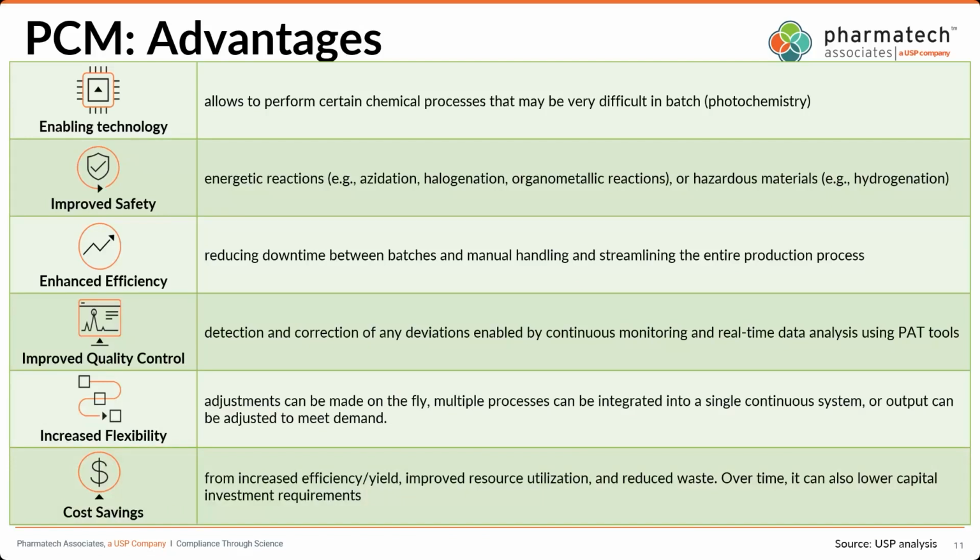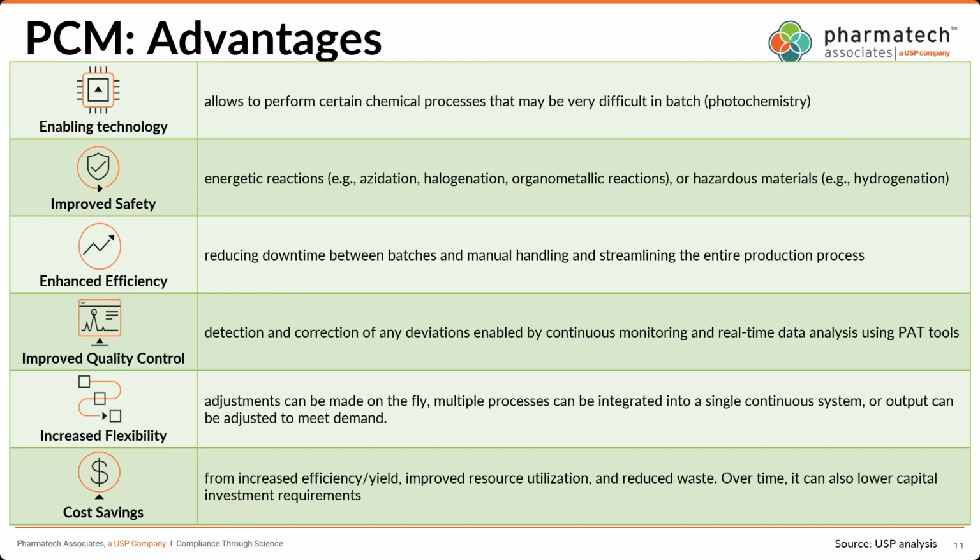Now, we know that there are numerous benefits of continuous manufacturing, but here are some of the most prominent advantages that set apart continuous manufacturing from traditional batch manufacturing. So for example, continuous manufacturing is also an enabling technology. As you know, enabling technology is nothing but the technologies, innovations or techniques that basically enhance various processes of the system.